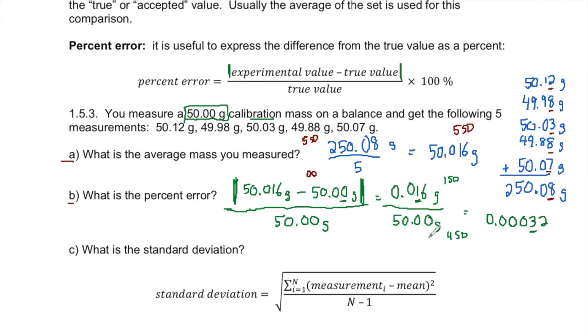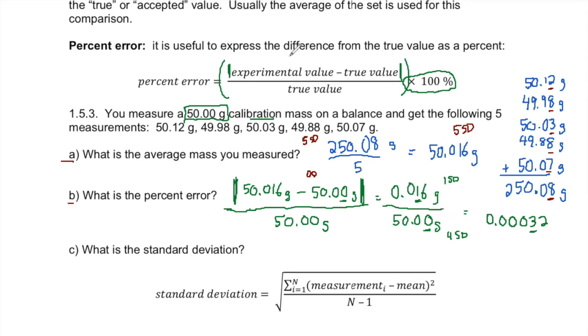And when I do this division, I get 0.00032. The grams cancel, so this is just 0.00032 with 1 significant digit, so I underlined it there. Now I've gotten a little bit ahead of myself. I've just been working on this part, and I've not been writing this part because I was a little bit short on room.